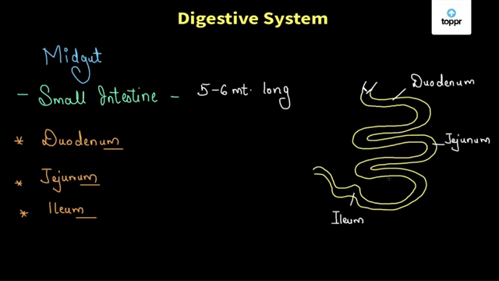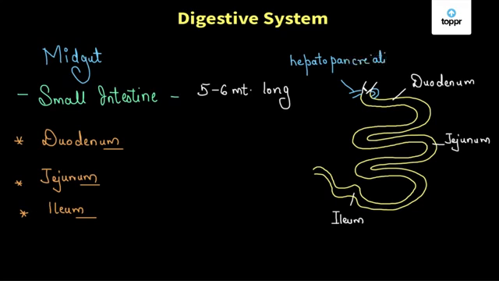Okay, so duodenum, it basically receives the digestive juices from the liver as well as from the pancreas, and it receives it with the help of a duct which we call the hepatopancreatic duct.